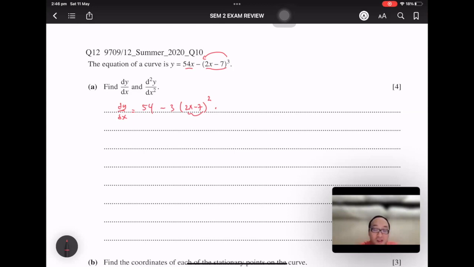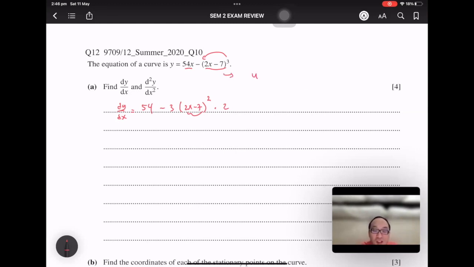The derivative of the inner function is 2. So we can treat this using the chain rule: u cubed becomes 3u squared times u prime. Okay, so simplify: 54 minus 6(2x minus 7) squared.